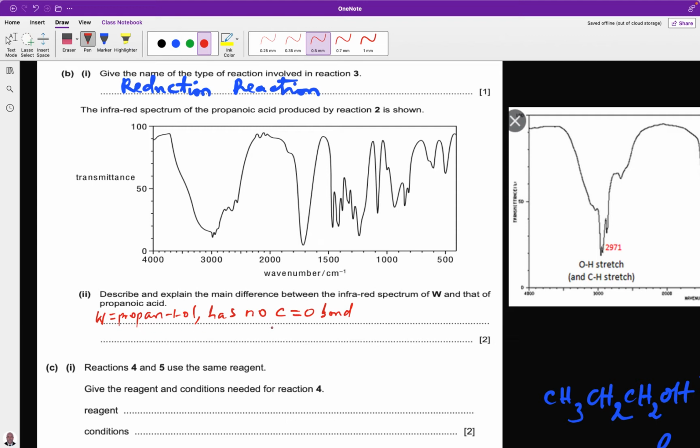This has no C=O bond, but propanoic acid has it.